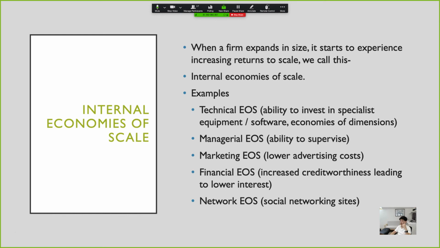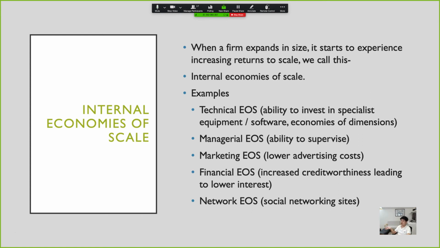If you've got 100 restaurants, $50,000 is only $500 per restaurant. But if you are operating, let's say, Popeyes Chicken, and you only have 10 outlets, then 50,000 divided by 10 outlets, each restaurant must pay $5,000. So you will see that there is a difference in the ability to do advertising. The advertising costs are lower for bigger firms.